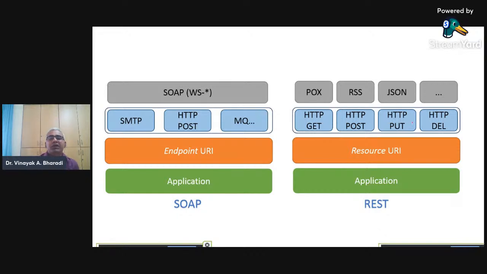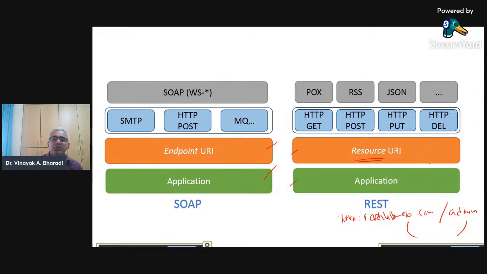Now the comparison of simple object access protocol and REST. Here you can see the protocol stack and how the layers are there: application layer, endpoint, URI. The REST API URI will be something like HTTPS, myweb.com/addmember, and then how you pass the parameters, maybe int a, int b, whatever the documentation says.